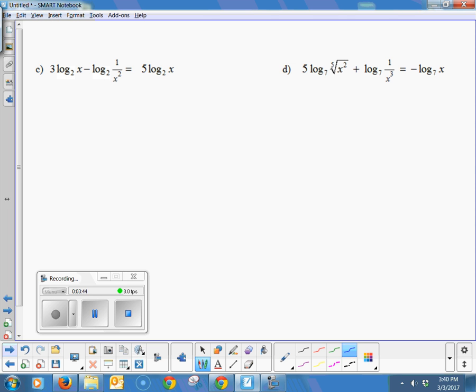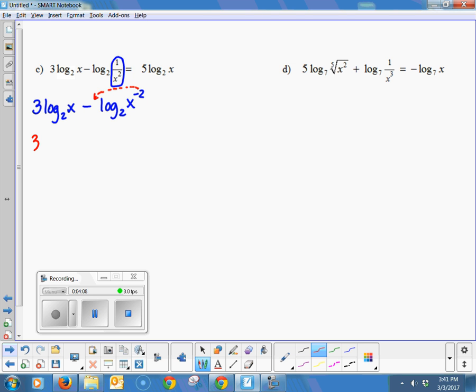Number C says, well, I bet you have a good idea for what to do right here. You could rewrite that. This is 3 times log base 2 of x minus log base 2 of x to the negative 2. And maybe you have a good idea about swinging that exponent out front.